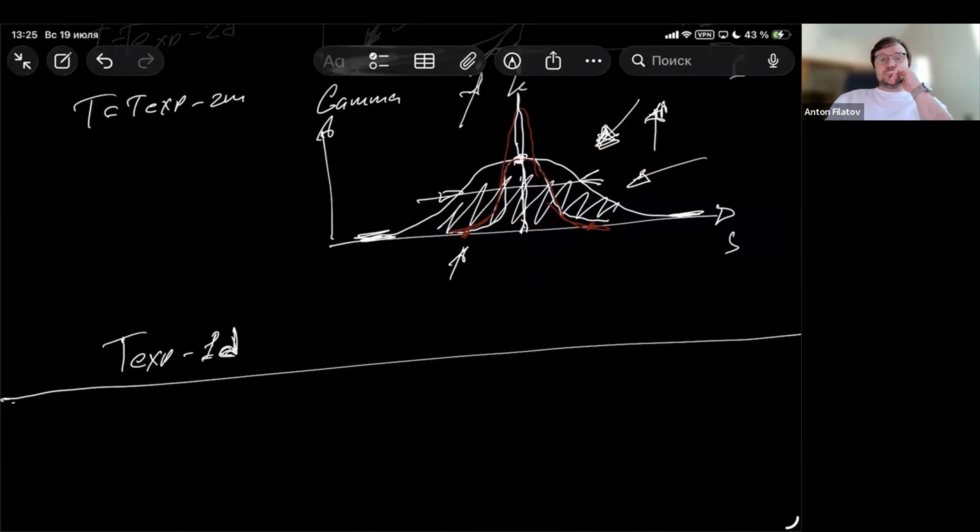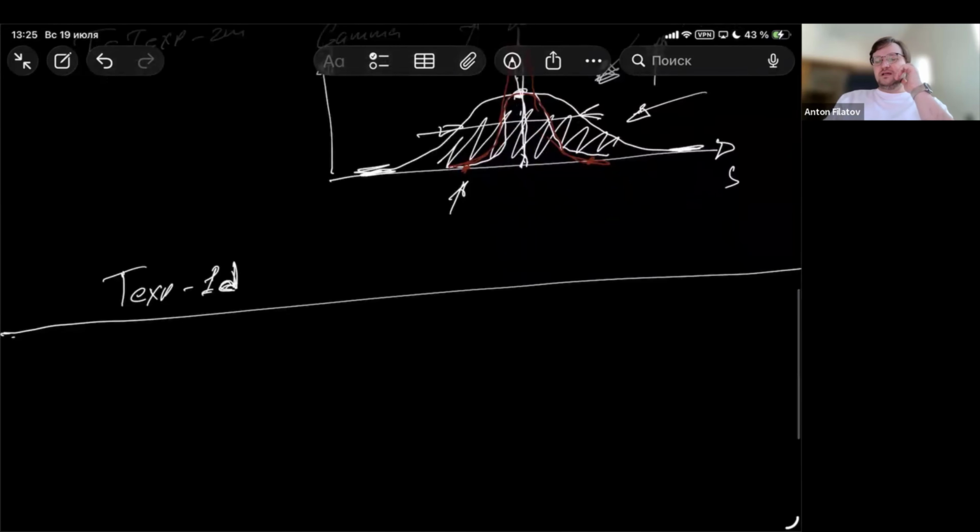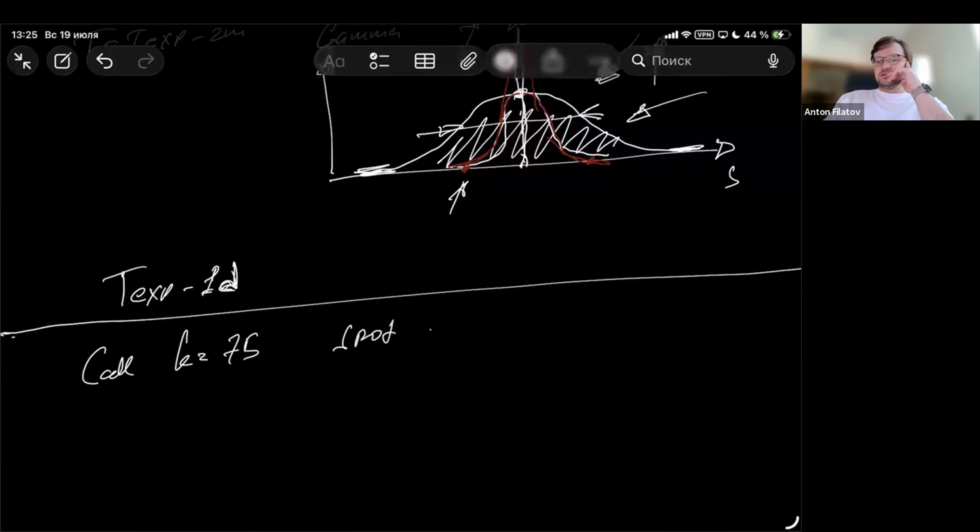Let's say, do you think that there can be a situation where you have a call option with strike, let's say you're trading some currency and you have strike equals 75, and your spot is lower than the strike.